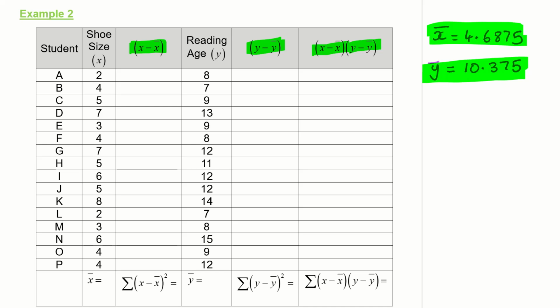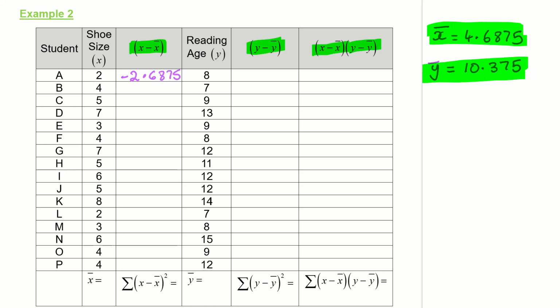So x minus x bar means taking each x value, so in the first instance for student A, 2, and subtracting 4.6875. That's what x minus x bar means. So that first one there is negative 2.6875.